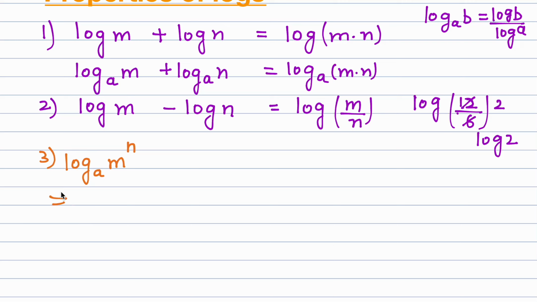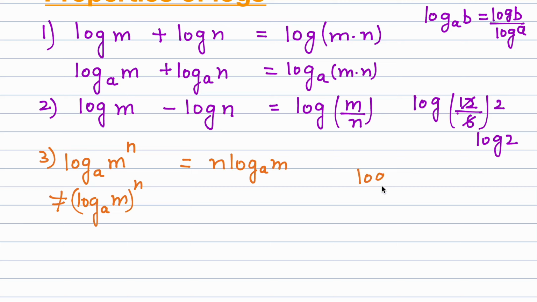It's literally not equal to log of a of m to the power n. No. So you have to be very careful that the power is on m only. That means on the number only. Then it is equal to n log of a of m. Now let's use this property and the base rule together.